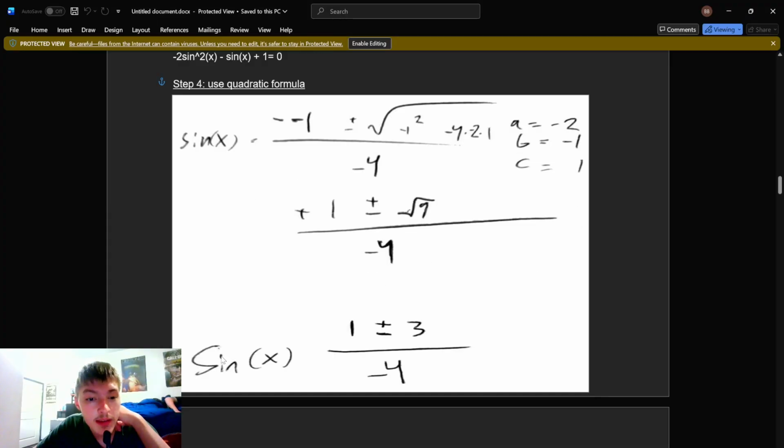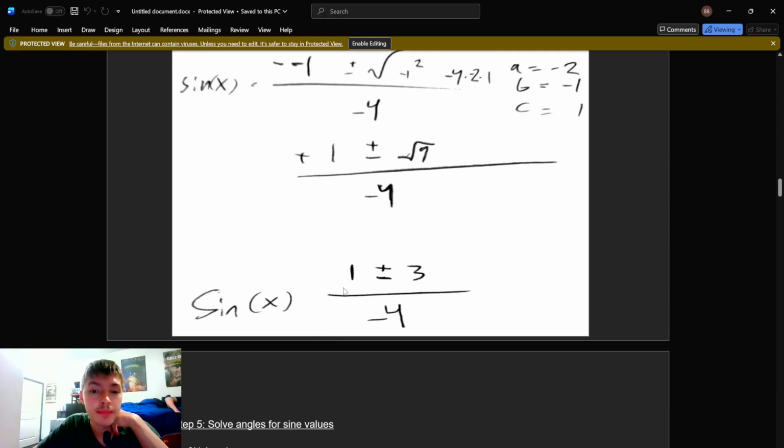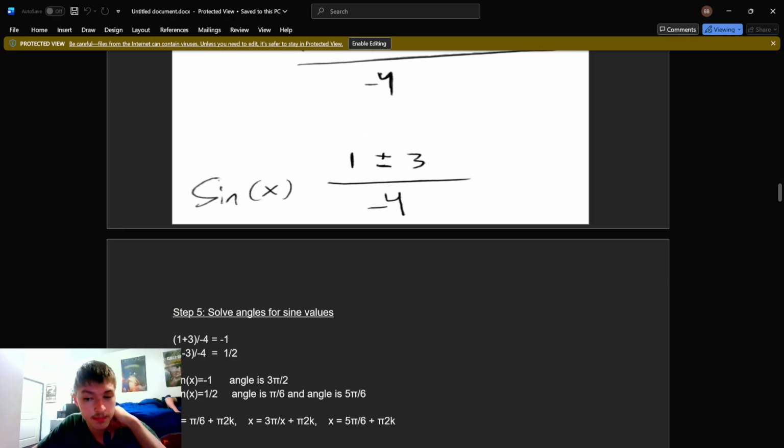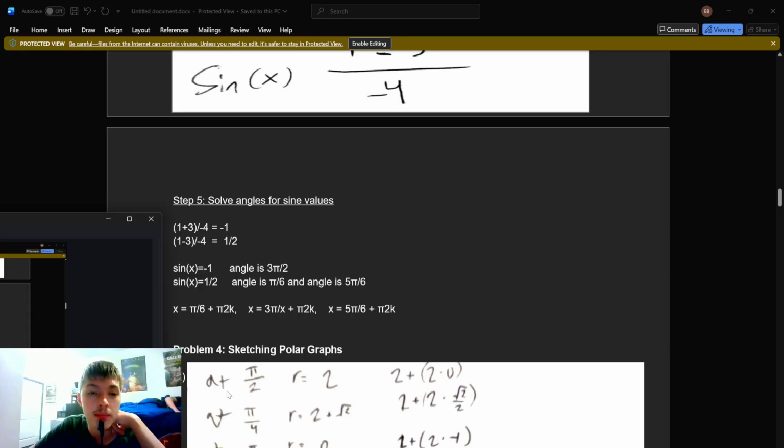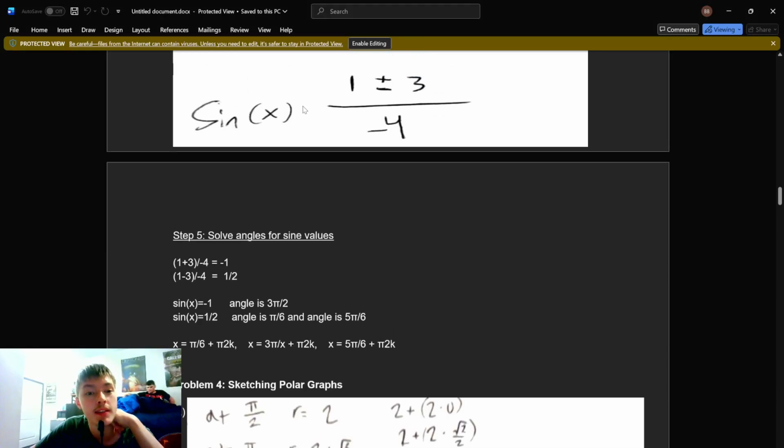This leaves us with sine angle equals 1 plus or minus 3 divided by negative 4. Step 5, we test out the possible solutions by checking their sine values.